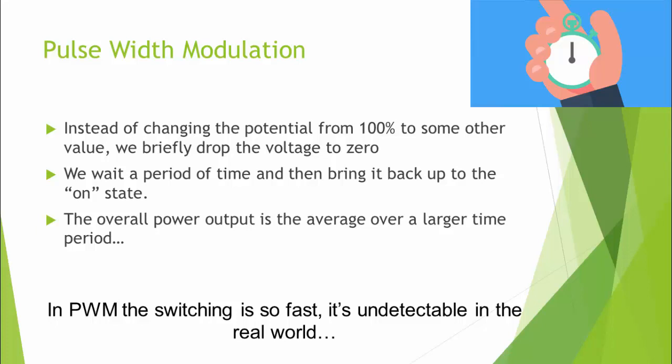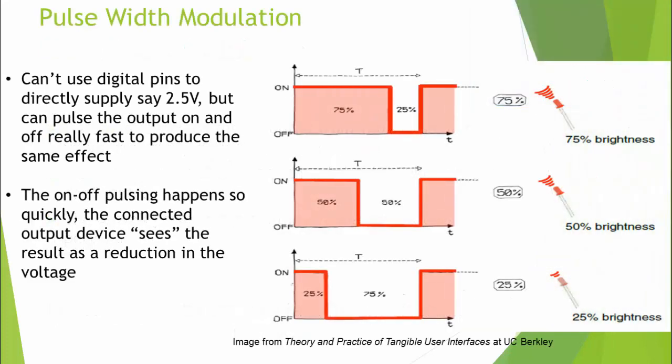And then the only other trick we need is in PWM, we do the switching so fast that in the real world, whether it's a motor pushing our robot forward or an LED lighting, in the real world, the change is undetectable. So let's have a look at a few cartoons here.